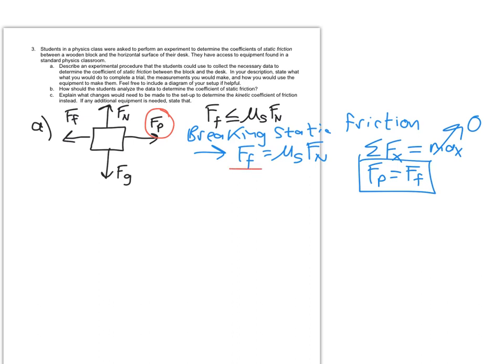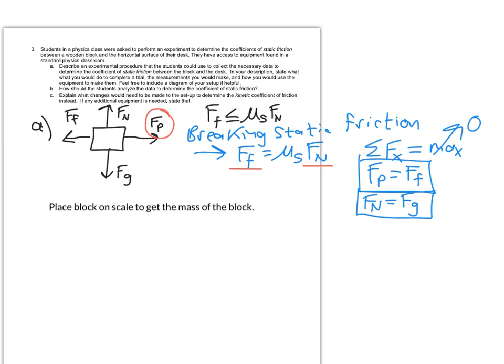That normal force is just going to come from the y forces, and the normal is going to be equal to the force of gravity, and we can get that by measuring the mass and multiplying by 9.8. So we're going to need to get mass in order to ultimately find normal force, and we're going to need to get the pulling force in order to find the force of friction.